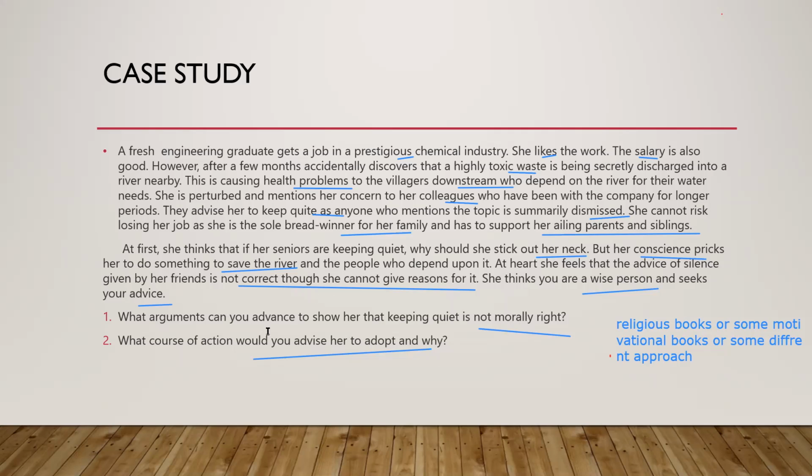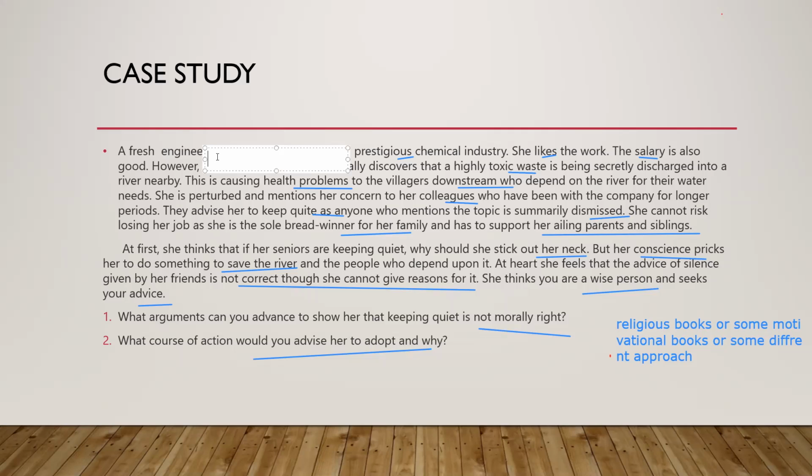If you tell her the same thing she is feeling, she will feel that yes, I was right, it was morally not right for me to keep quiet. So we give this religious book or some motivational book or anything like that.